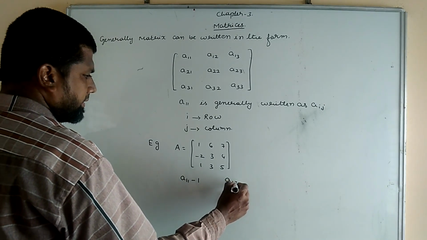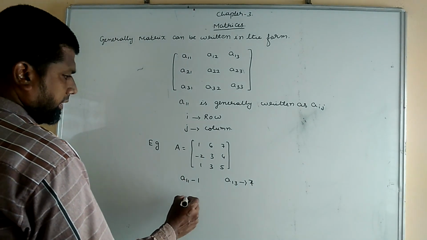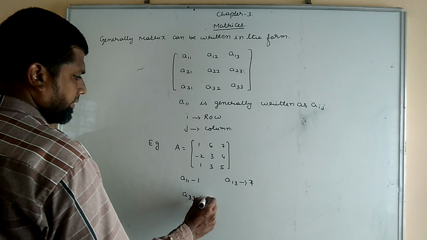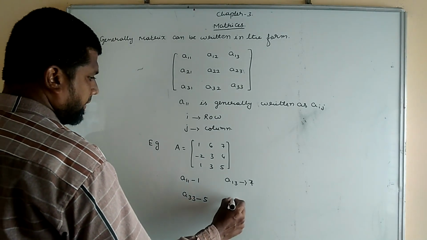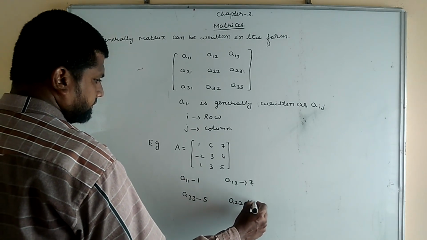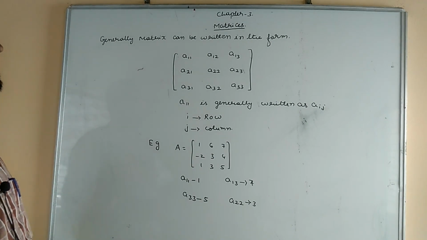A13 element is 7. Then A33 element is 5. A22 element is 3. So we will write generally matrix in this form.